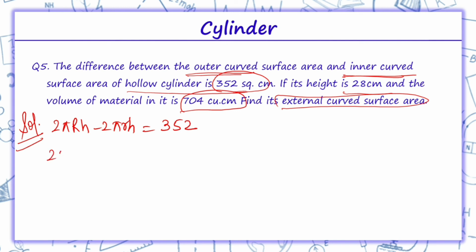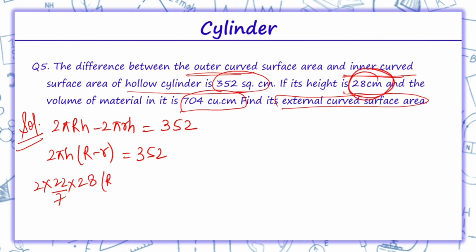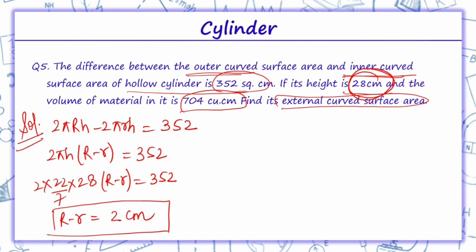So we'll take 2 pi h common. Thus we'll get 352 equals 2 into 22 by 7, since h given to us is 28, into R minus r. So here we get R minus r equals 352 divided by that. When we solve it, R minus r will be 2 centimeter. Now similarly the difference between volumes is also given.